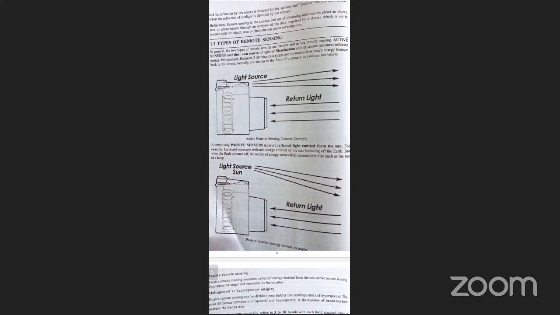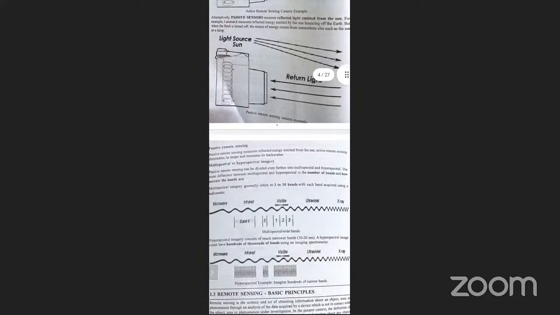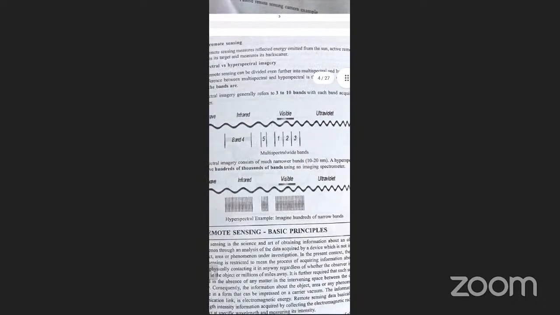Multispectral imagery generally refers to 3 to 10 bands. Hyperspectral imagery consists of much narrower bands, 10 to 20 nanometers.